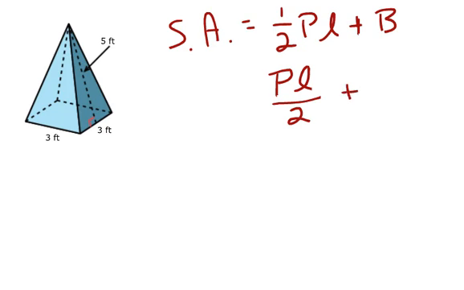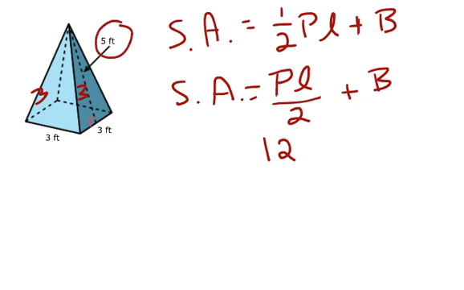I always like to change it to dividing by 2 because it's easier than multiplying by a fraction. The base is a square, so the perimeter is 3 plus 3 plus 3 plus 3, so that's 4 3s, which is 12. And then the slant height they give you is 5, so it's 12 times 5, divided by 2, plus the area of the base.